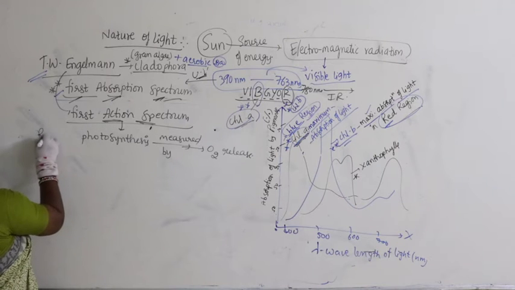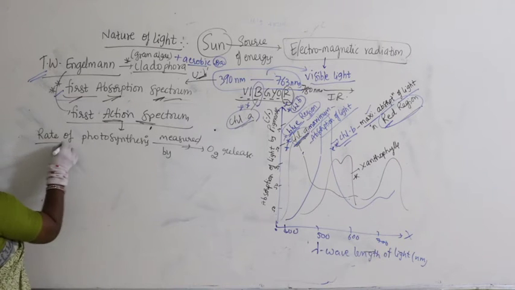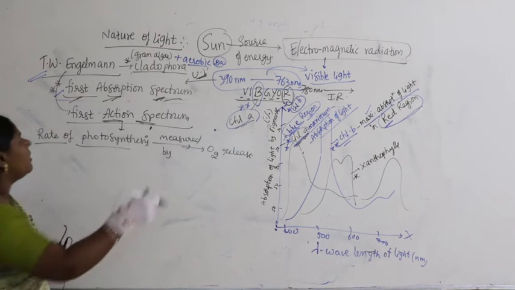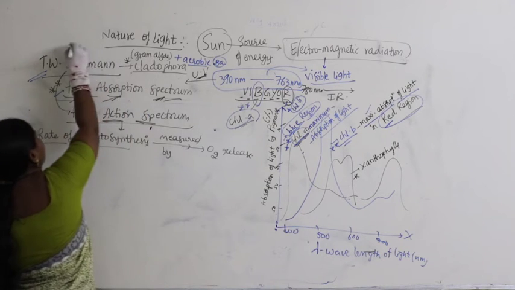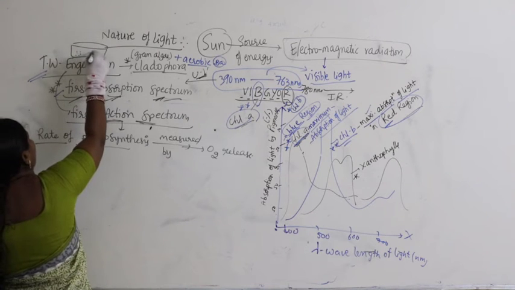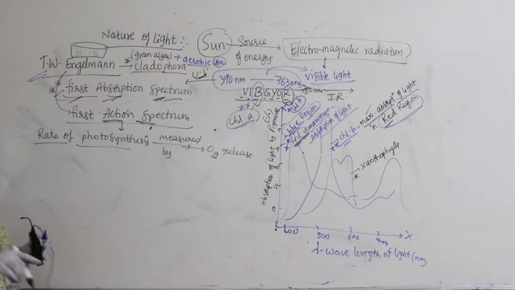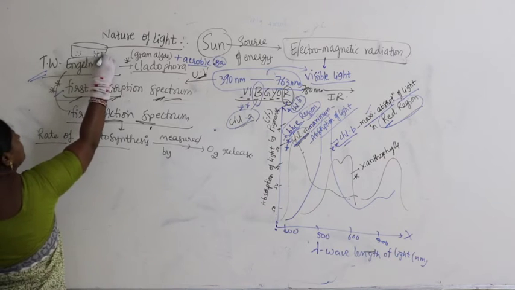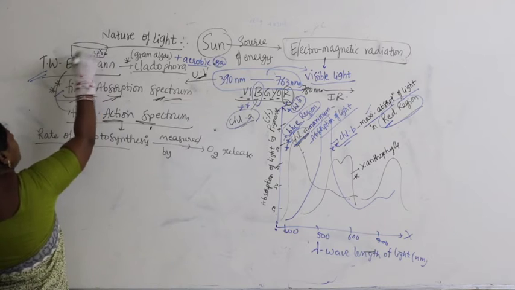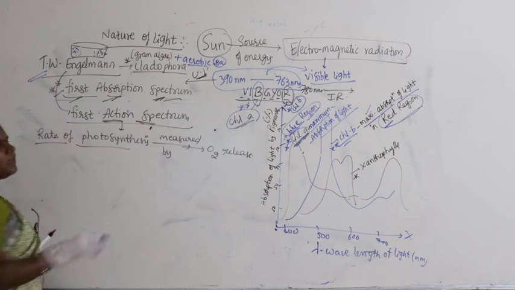The rate of photosynthesis is measured by oxygen release. Oxygen is released where? In green algae. If you take the culture plate, algae is there. Algae undergo photosynthesis and release oxygen. What is the indication that oxygen is released? There you find the growth of more aerobic bacteria.